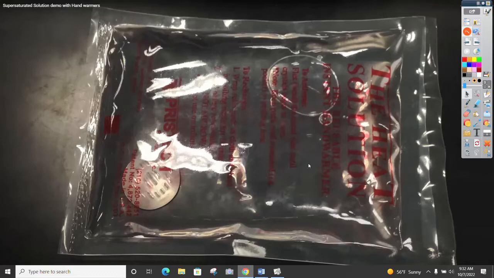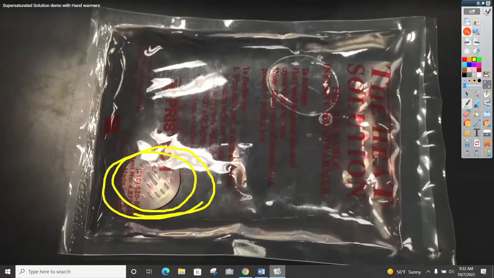You start heating it very gently and you keep adding your solid, and you just add and add and add, okay? And then we put it in this sealed packet, and in this packet there's a little metal disc. Now these supersaturated solutions are unstable. So anything that you do to disturb the solution will cause the supersaturated solution to change in a cool way.